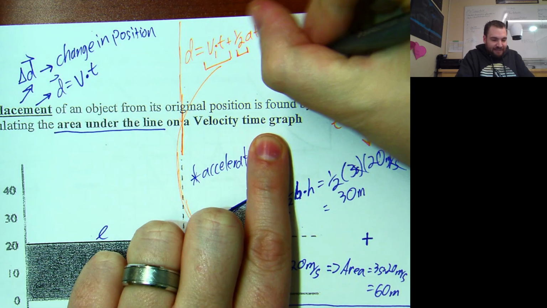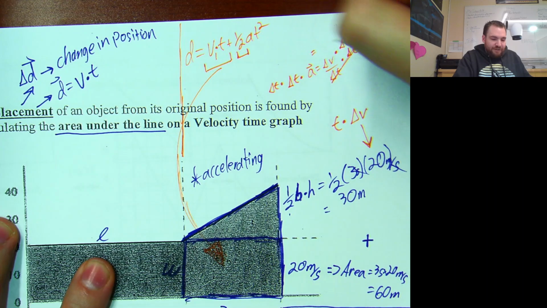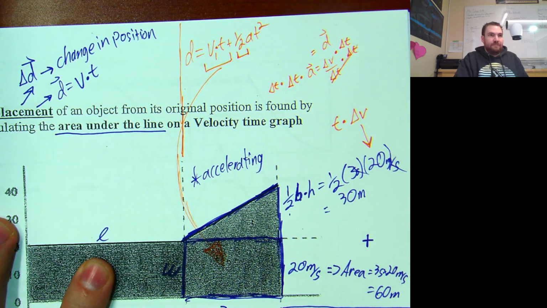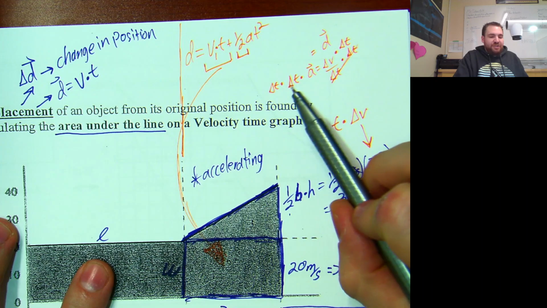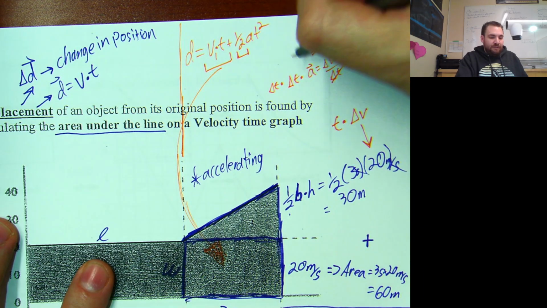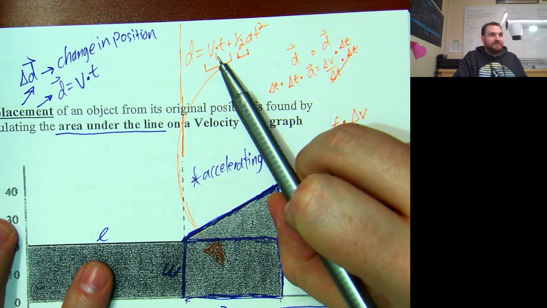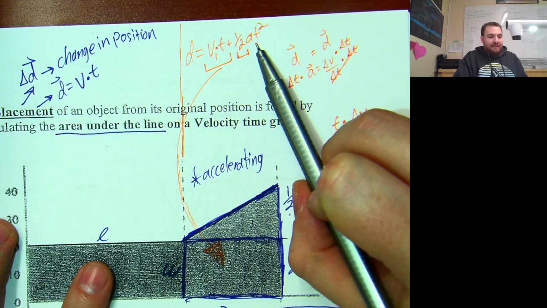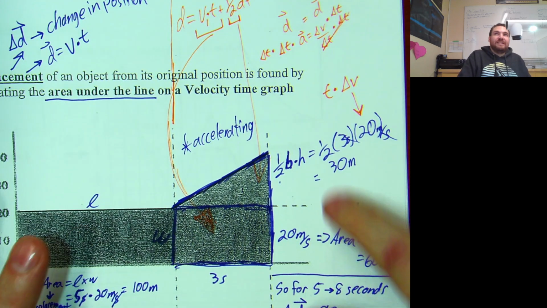But I have to do that to both sides of my equation. This over here, delta v times delta t, that's just d. Which means an acceleration times my change in time squared is going to give me a displacement as well. So I've got one form of displacement plus another form of displacement gives me my total displacement, which is exactly what we did here.